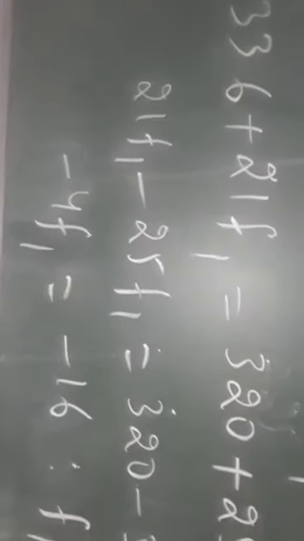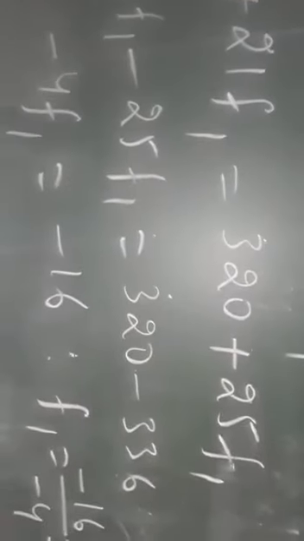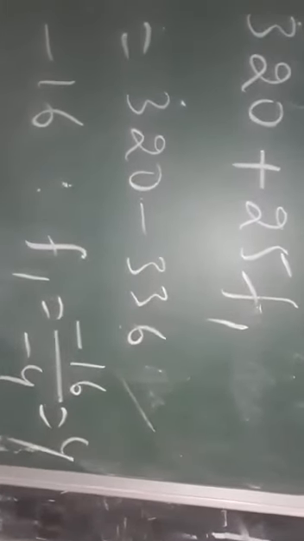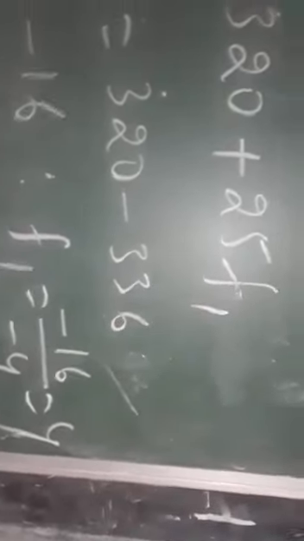Further simplification gives us minus 4 F1 is equal to minus 16. By solving it, we get F1 is equal to minus 16 by minus 4, that is equal to 4. So we have obtained the unknown frequency F1, which is equal to 4.